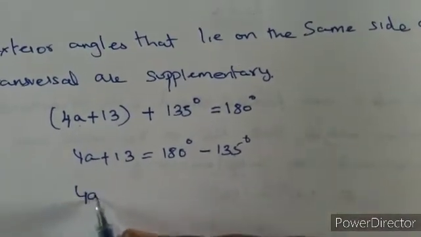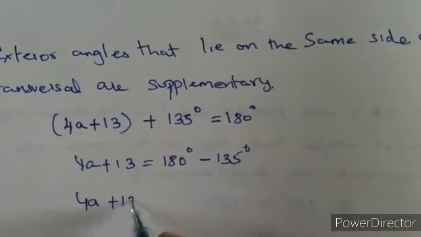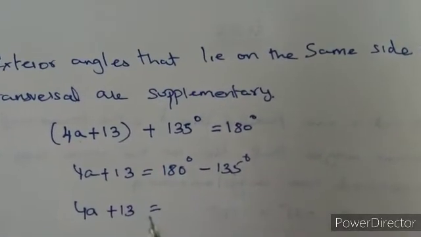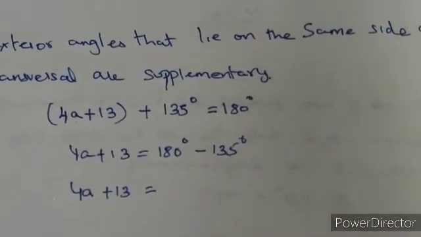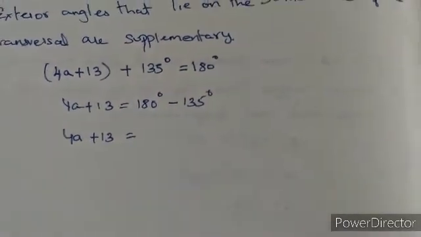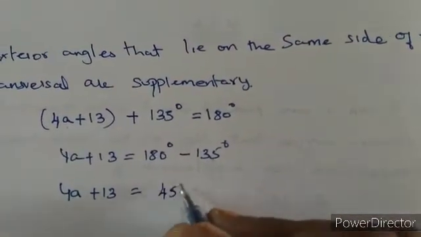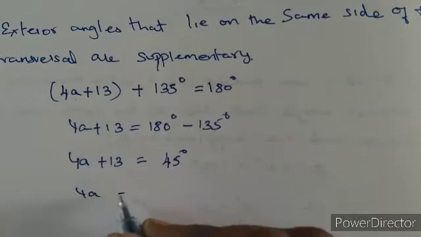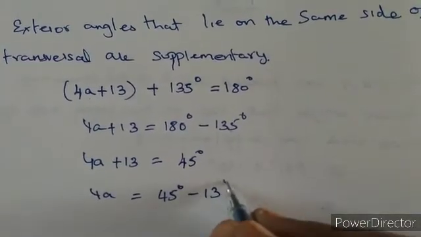So 4A plus 13 equal to 180 minus 135, which gives you 45 degree. Now 4A equal to 45 degree, transposition of 13 is minus 13 degree.